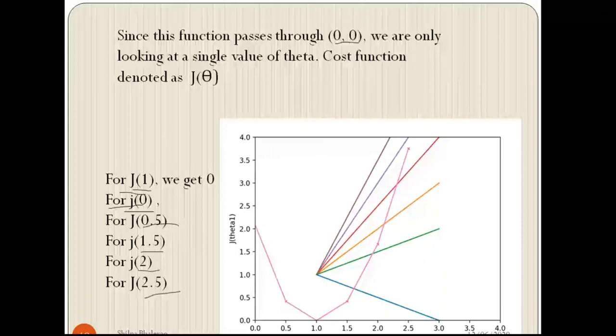If it is minimum for theta 1 equal to 1, that means the best fit line has theta 1 equal to 1 and theta 0 equal to 0. So the best line will be y equals mx, that is y equals x, because m is 1. Clear?